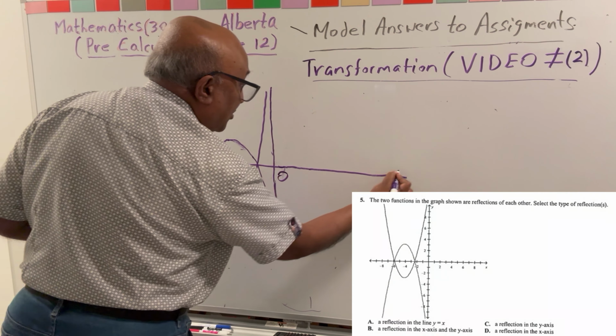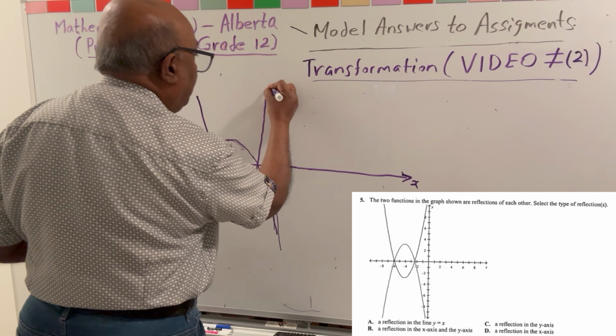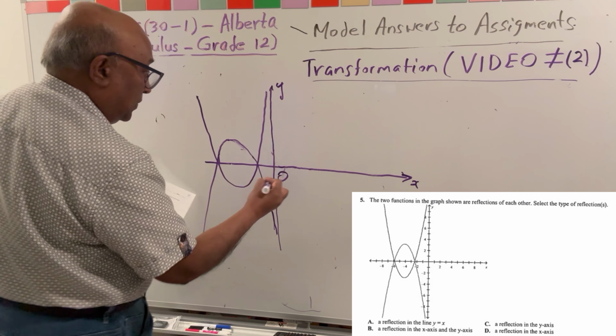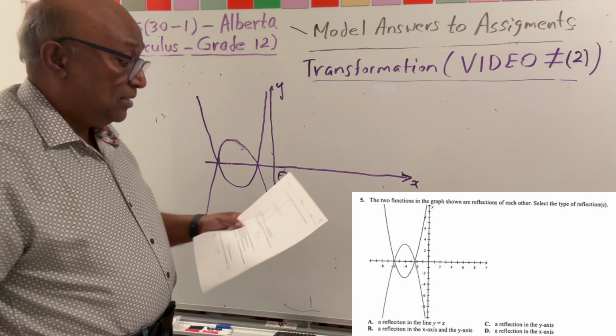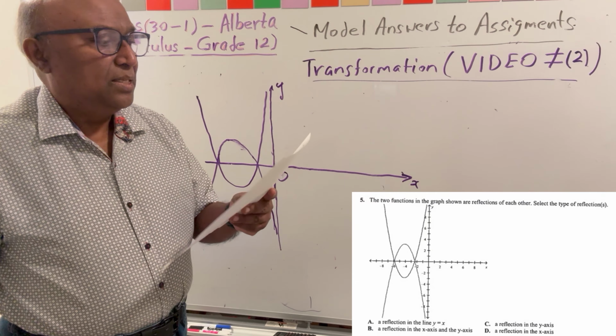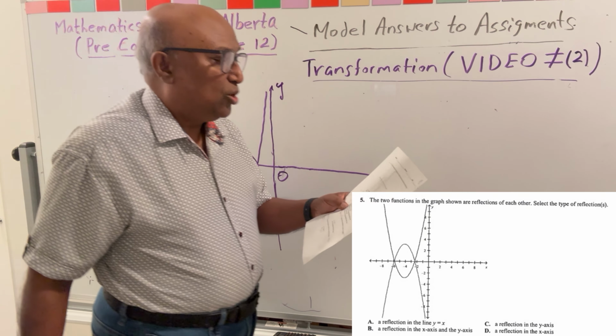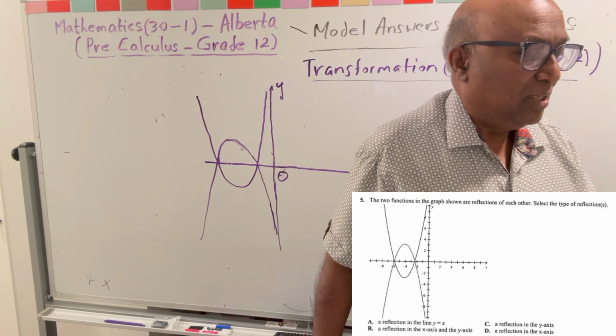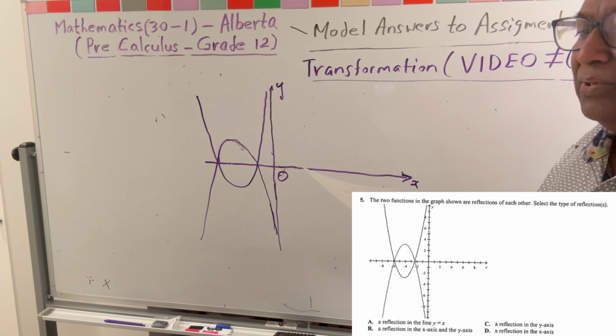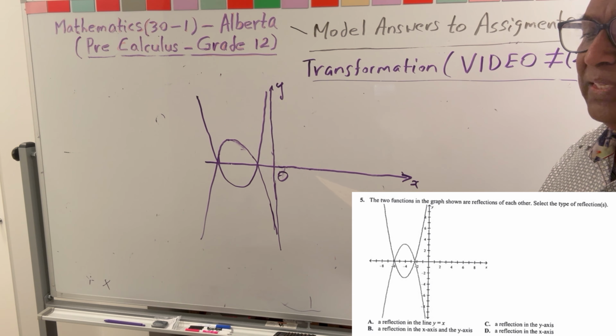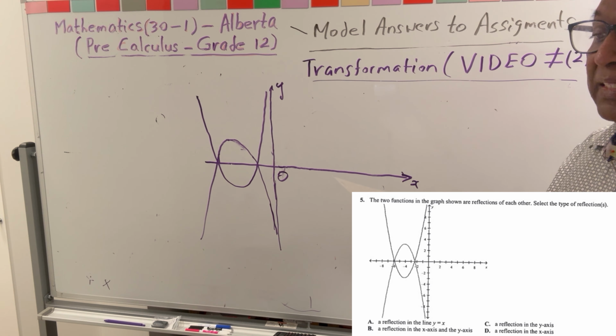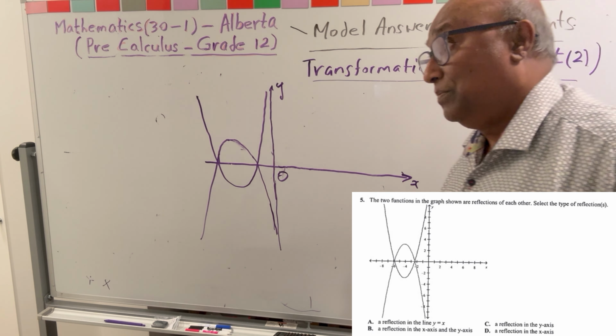This is the sketch provided with the question. I drew the rough sketch. The question says, the two functions in the graph show reflections of each other. Select the type of reflection.